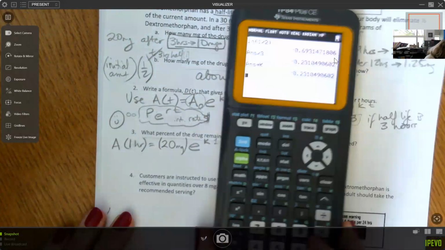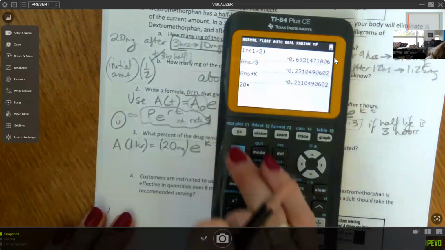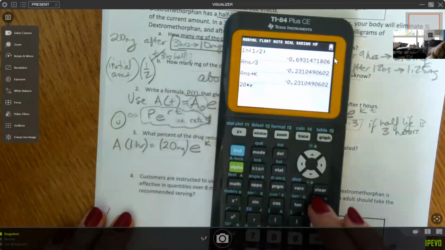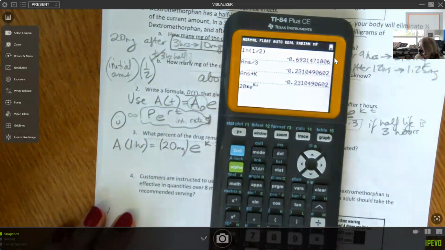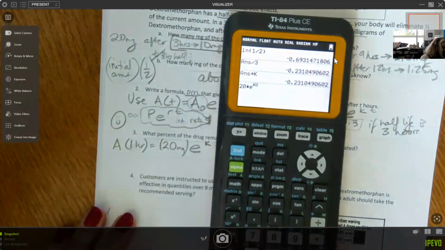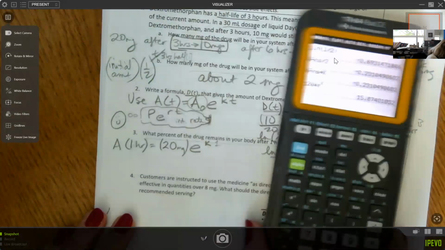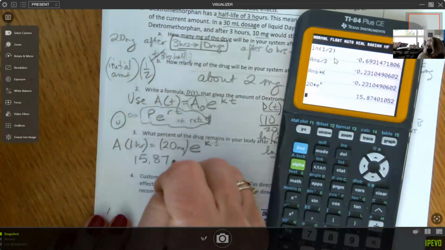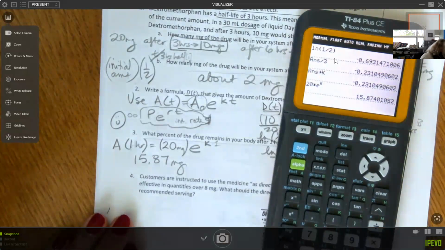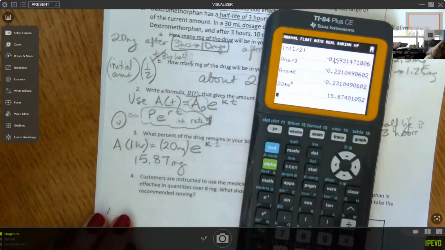I'm going to say 20 times e to the alpha K, because K times 1, I don't really need to write times 1. You have done it correctly if you got 15.87 milligrams.